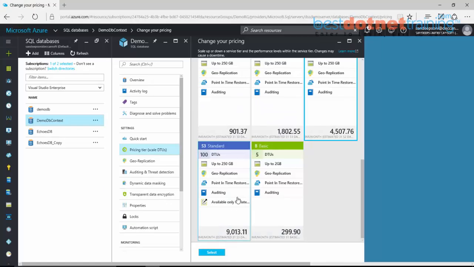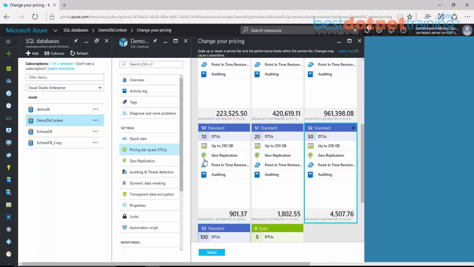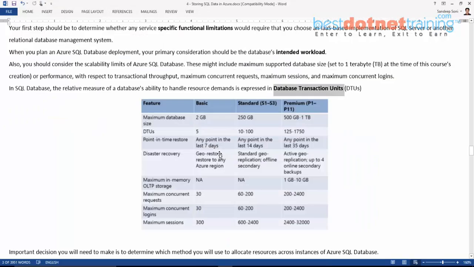Going back here, you see it is up to 5 DTU, 100 DTU will become 20 times faster, and likewise 10 DTU is 2 times faster. So DTU is the relative measure of the database's ability to handle the resources, the performance. So we have to choose the appropriate pricing tier and the DTUs available based on the intended workload.